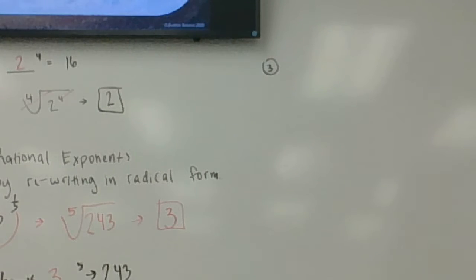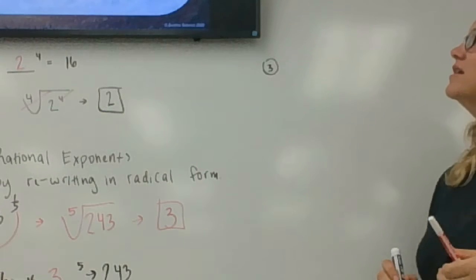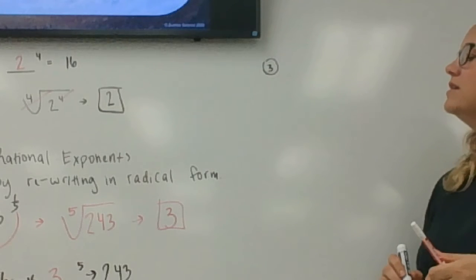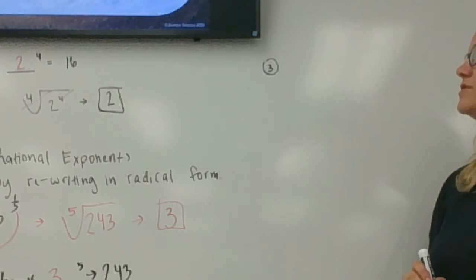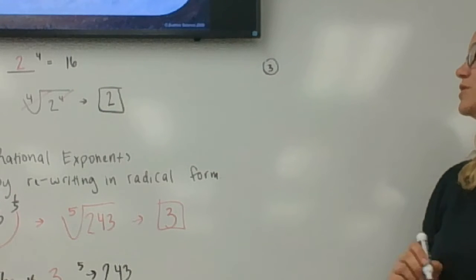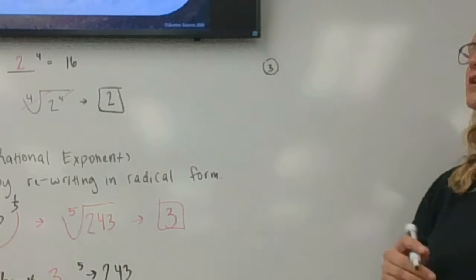So Tyler, since you did, go ahead and find the decimal. So 234 is very close to 243, right? So 2.9 makes sense because it's very close to 3.